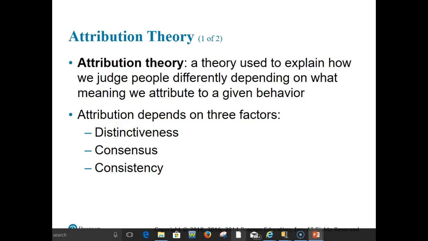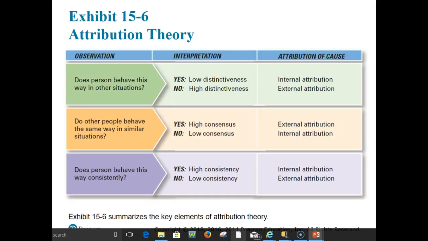Externally caused behavior results from outside factors. That is, the person is forced into the behavior by the situation. Now, that determination, however, depends on three factors, and they are distinctiveness, consensus, and consistency. And Exhibit 15-6 summarizes the key elements of the attribution theory.